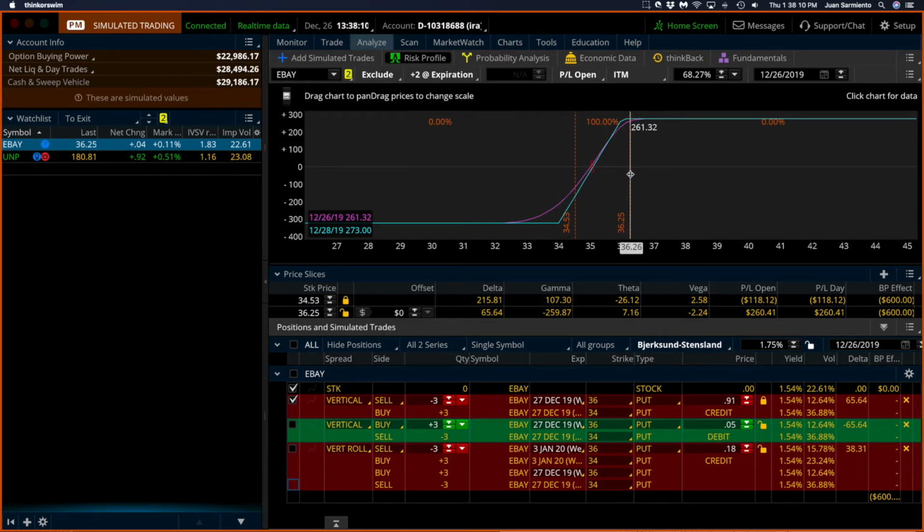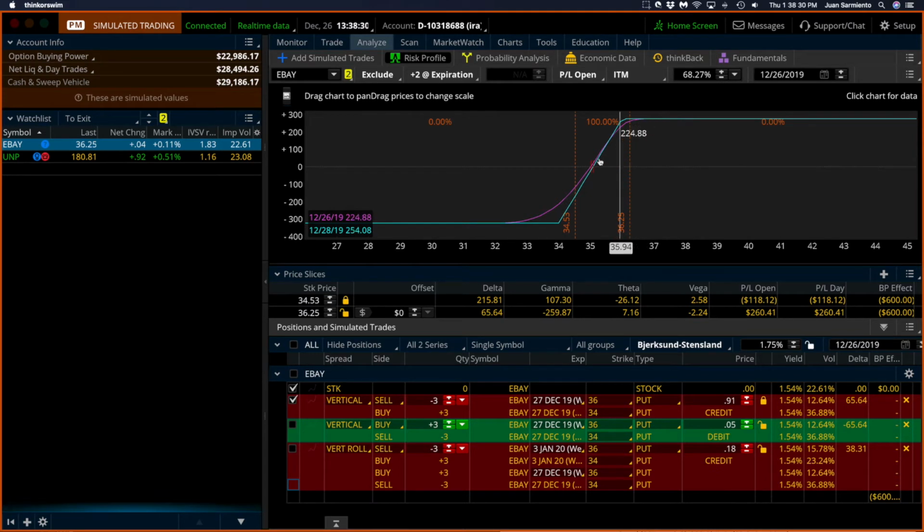We have already done 261, so we're very close to the maximum. So again, you would close, pay $18 to close the trade, as opposed to collecting those $18 if it closes above 36.